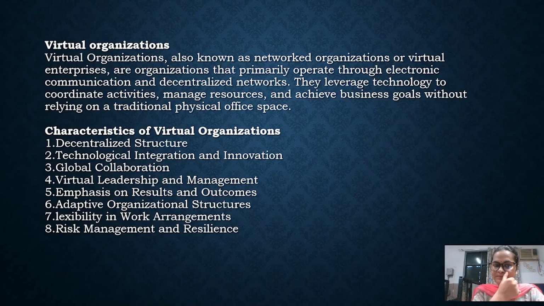Now, the next is emphasis on results or outcomes, which means that virtual organizations focus on results and outcomes rather than the physical presence or hours of work. Employees here are evaluated on the basis of their contribution towards the project, towards the achievement of goals, and even the impact on organizational success.